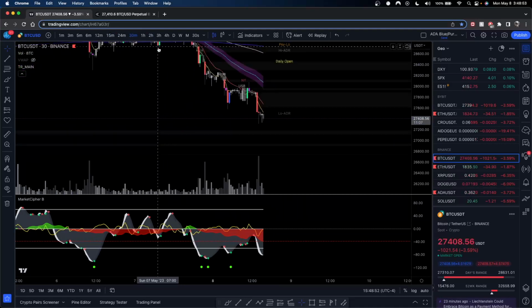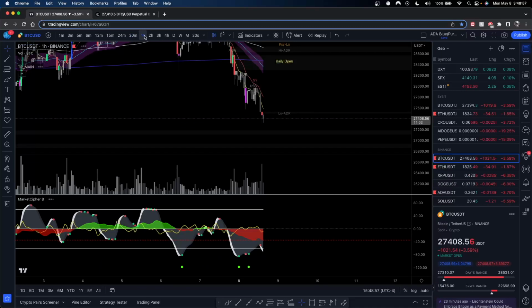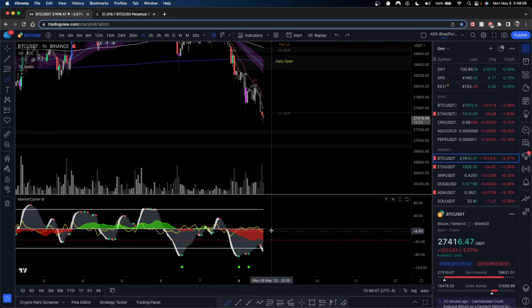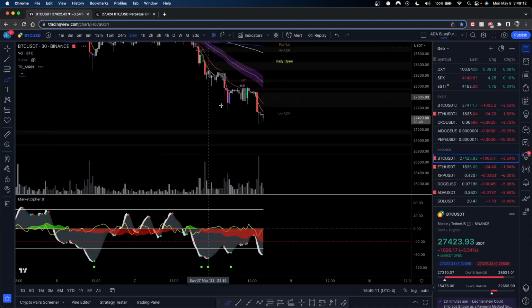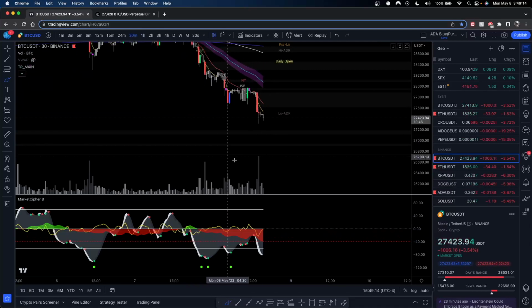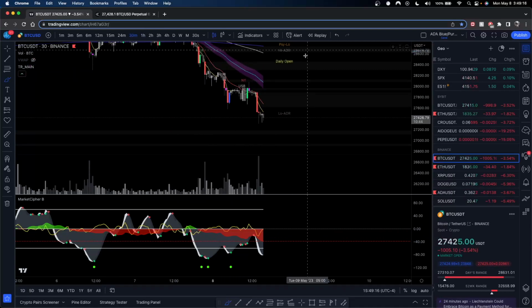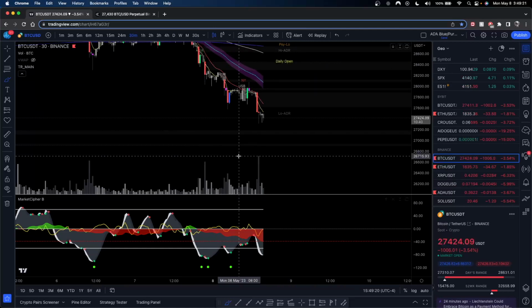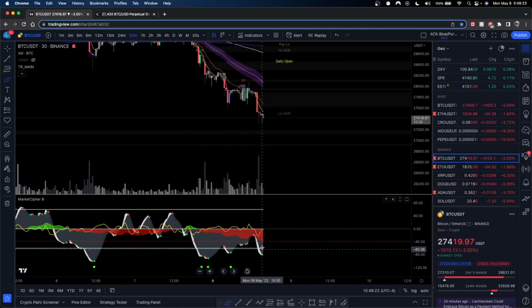If I'm anticipating a cheat sheet entry on the hourly, let's just say, which we are right now, in a few hours, maybe tomorrow, we might get something like this. That's your cheat sheet entry, potentially. If I'm expecting that to happen, I'm looking at the lower time frames, let's say the 30 minute, and I'm looking for bear divs, I'm looking for extra confluence, I'm looking for it to be at one of my levels, etc. Or I'm even looking for a cheat sheet entry here.